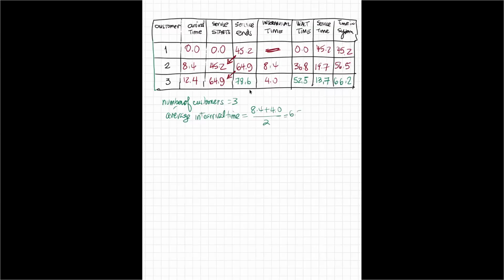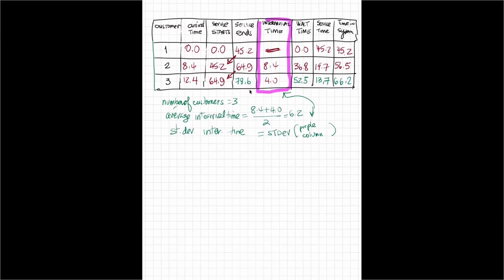That would be 6.2, right? And you can just do the average of this column. You can also calculate the standard deviation of inter-arrival time, equals S standard deviation of this column. I want to just write here purple. Obviously not an Excel command, but you know what I'm referring to. Standard deviation of the purple column.